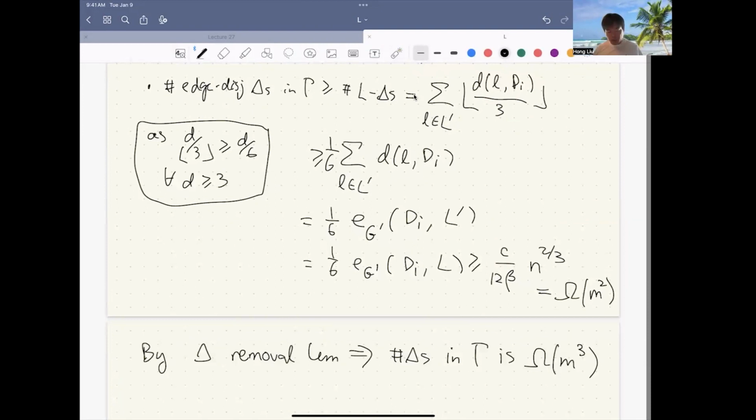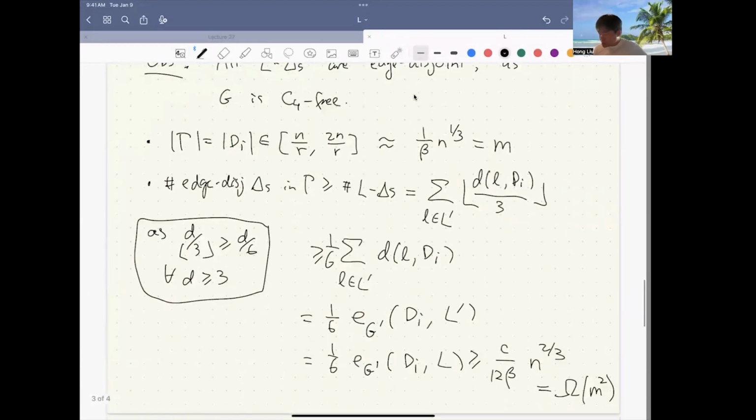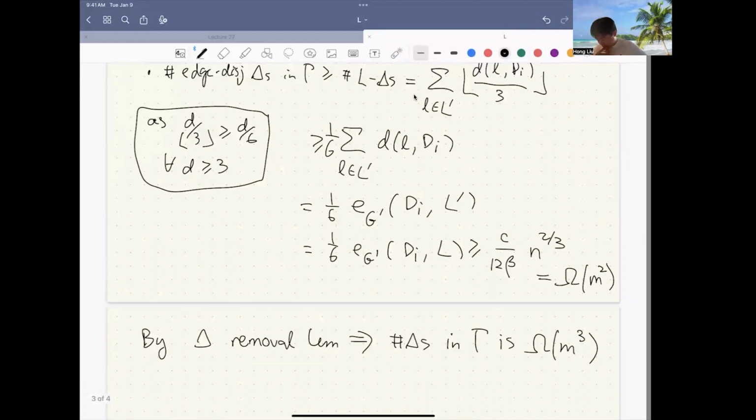All right, so we want to derive the final contradiction. How do we want to derive it?